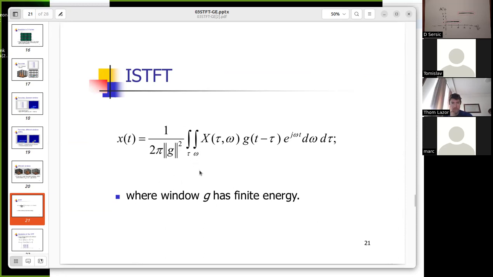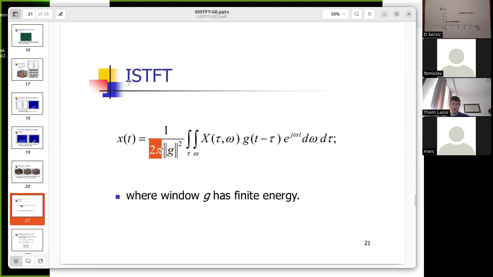So we have to integrate not over omega only, but also over tau to get them out. Instead of minus, we have plus. And it could be a good candidate for the inverse short time Fourier transform. And the result has to be divided by 2 pi.